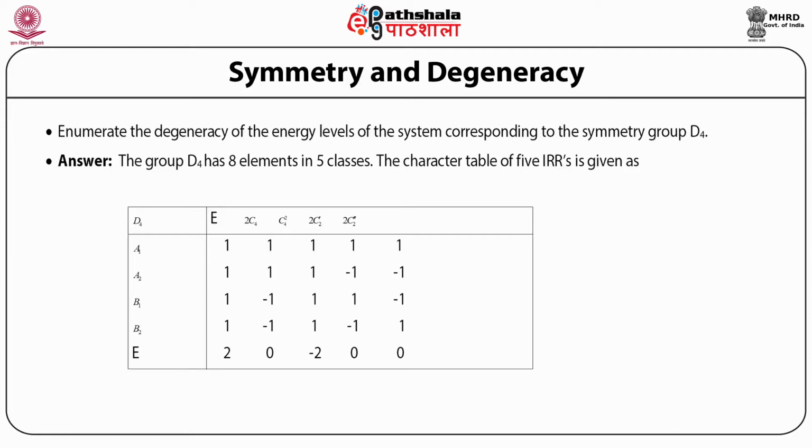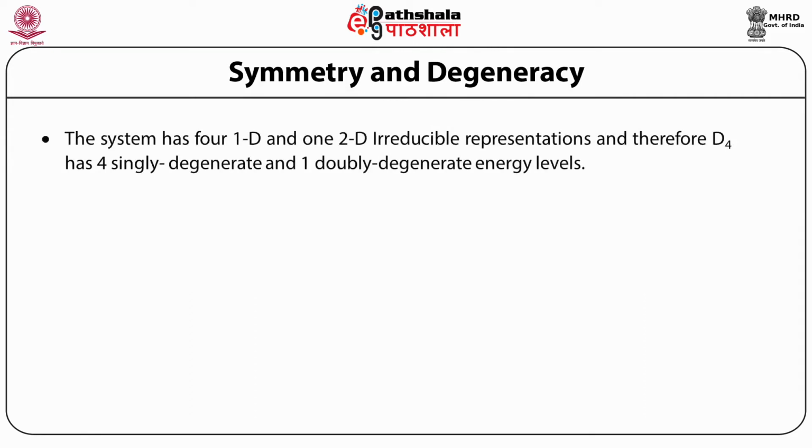There are 4 irreducible representations of dimension 1 and 1 of dimension 2. We know the character table of the group D4; it is given in the slide, and you can have a look at it. So the system has 4 one-dimensional and 1 two-dimensional irreducible representation. Therefore, the group D4 has 4 singly degenerate and 1 doubly degenerate energy level. So this is the meaning.